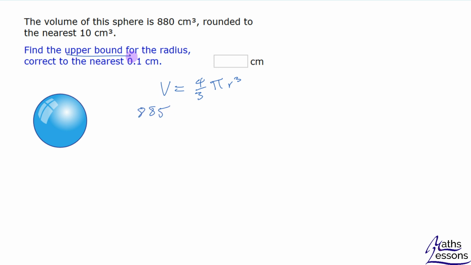If you want to find the upper bound, we want to make the volume maximum to make the radius maximum. So 885 equals 4/3 pi r cubed. So 885 divided by 4/3 pi is equal to r cubed.